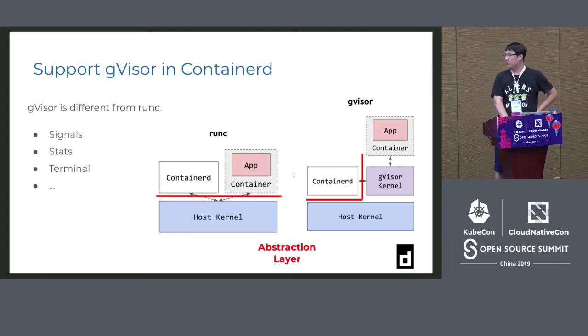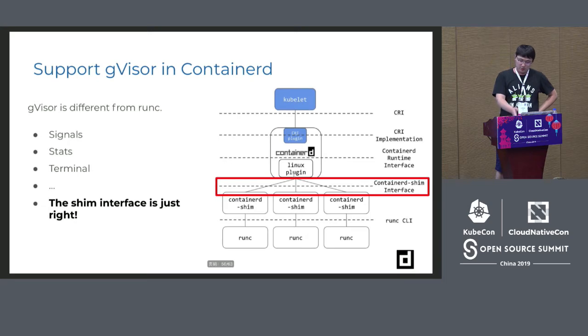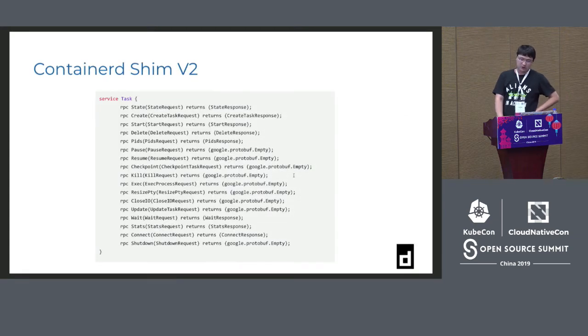To solve the problem, we had a discussion with the containerd community on how to solve it. Containerd has a lot of interfaces, and we went through every interface and found that Shim is the right layer. So we decided to have an abstraction at the Shim level.